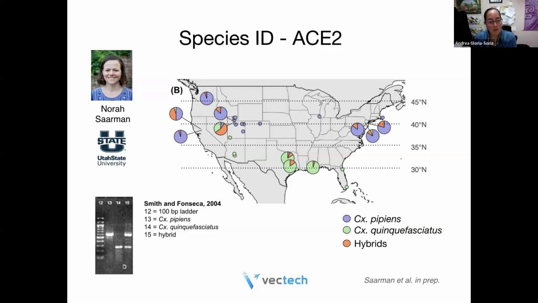And this probably has to do with the local environmental conditions of these areas, as well as the history of colonization, of when the mosquitoes came into the country and then established the secondary contact. This work is now being prepared for publication, and it will be submitted in the next couple of weeks, so you can soon read more details on this work.